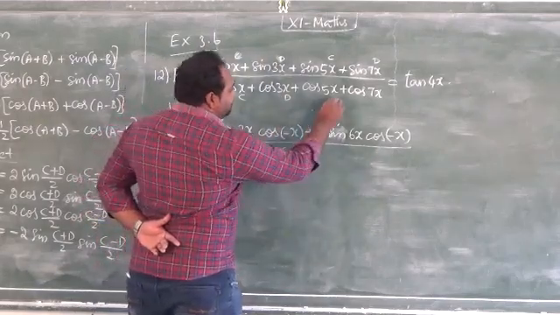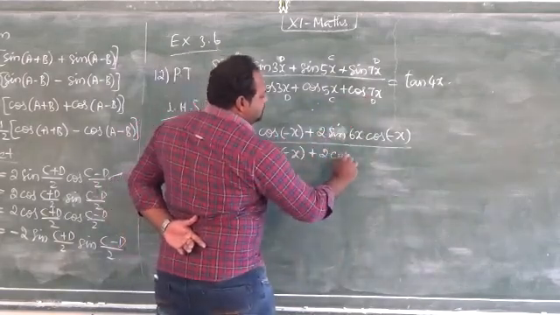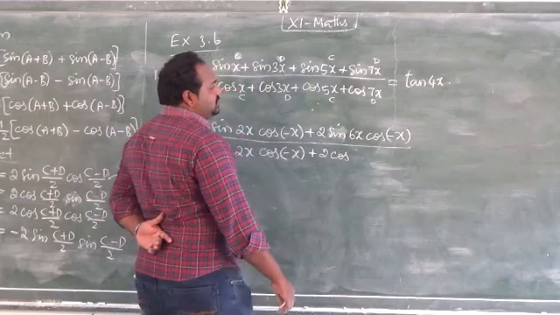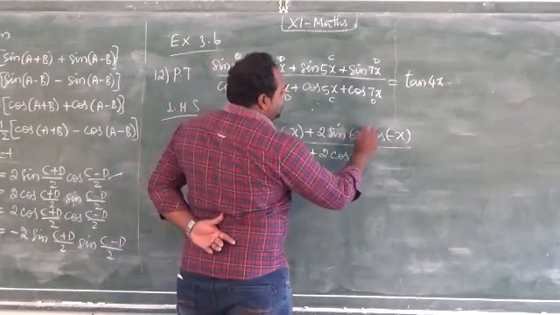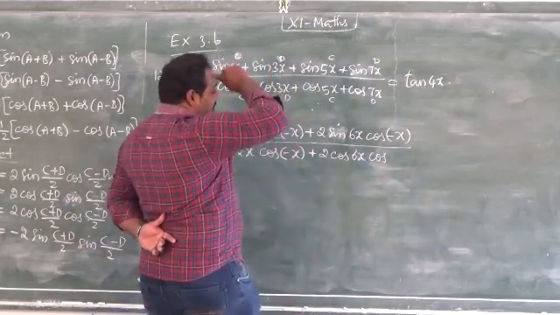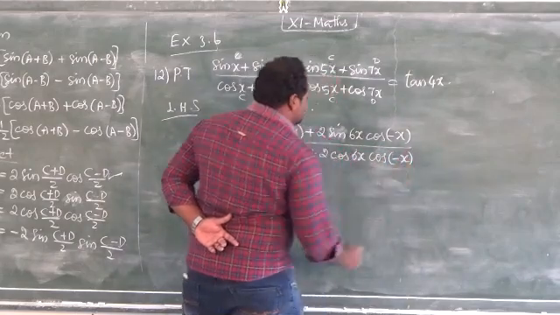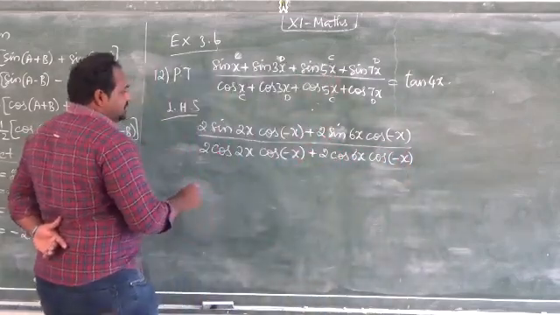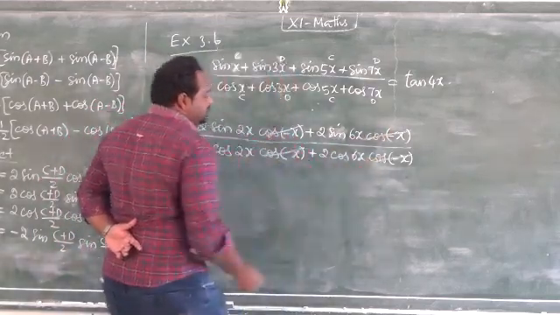Then plus the same formula here: 2 cos(12x/2), which is 6x, then cos((5x − 7x)/2), minus 2x by 2 is minus x. So here we have cancellations. This and this cancelled, this and this cancelled.